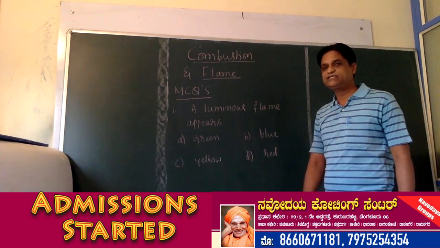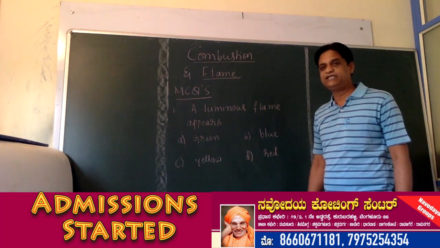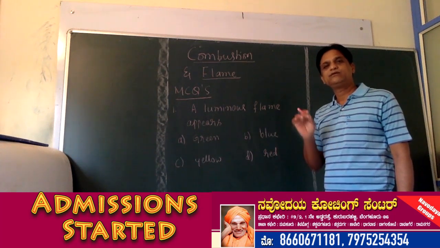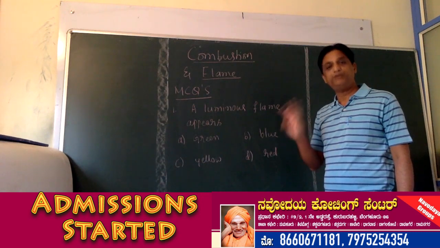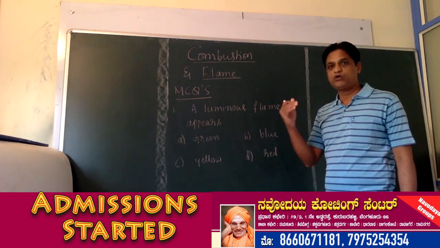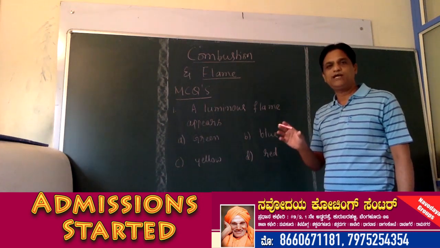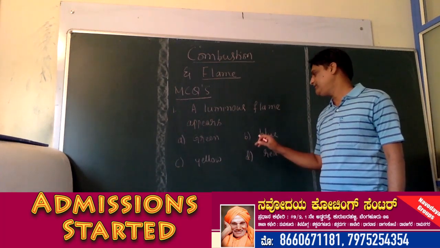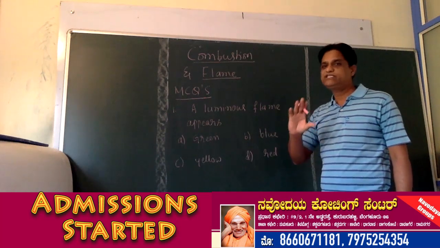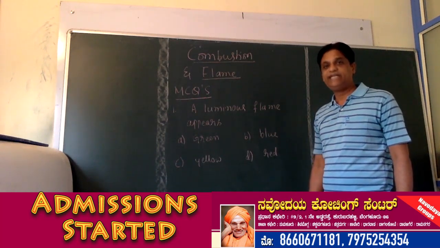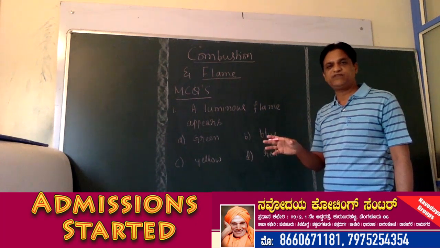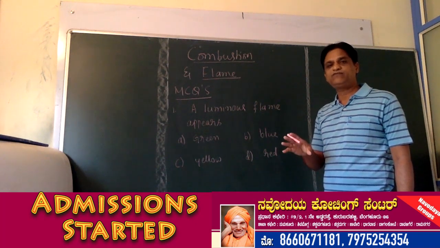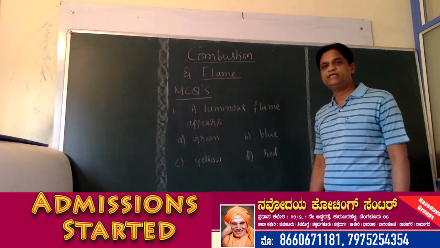While discussing flame, we have studied that when complete combustion takes place, the color of the flame will be blue, which gives more heat energy. When incomplete combustion takes place, the color of the flame will be yellow, which does not give much heat. So a yellow colored flame is called a luminous flame, and a blue colored flame is called a non-luminous flame.